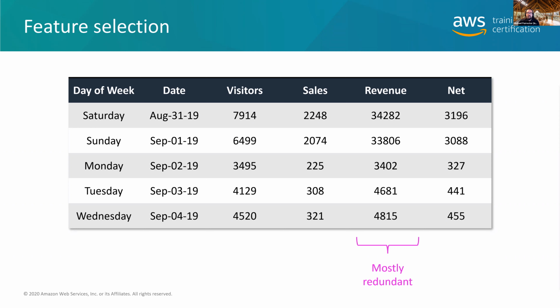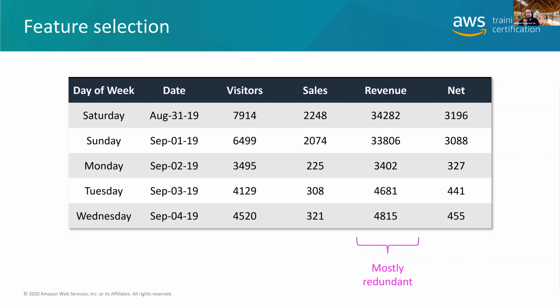Regardless, revenue might be mostly redundant, because if sales is going up, isn't revenue going up? That's total sales, it's not net gross analysis. So revenue is going to shift in parallel to sales. Is that going to provide more insight to the model, or is it a highly correlated value? Do we even need that number?